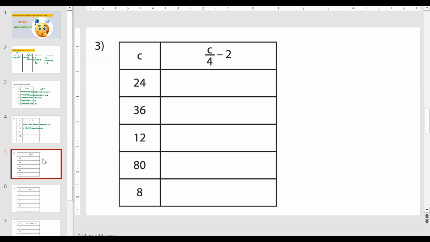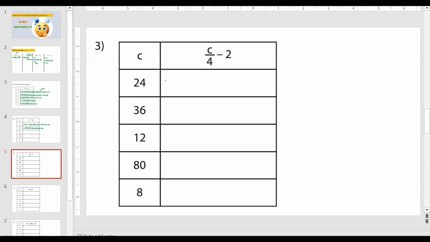Now let's go to question number 3 from the worksheet. Our expression is c by 4 minus 2, where our variable is c. So now we have the values of c, so many values here, 5 values. The first value is 24.